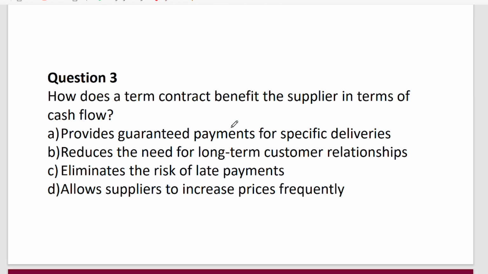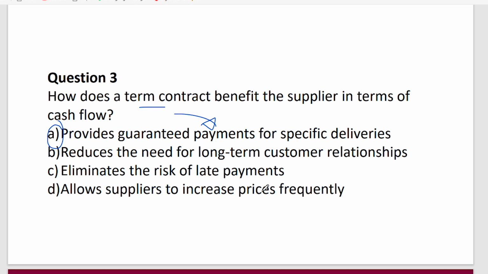Now, how does a term contract benefit the supplier in terms of cash flow? Well, they provide guaranteed payment for specific deliveries. That's actually the thing, because you just know within this term how much money you're going to be making. The other options: reducing the need for long-term customer relationships?